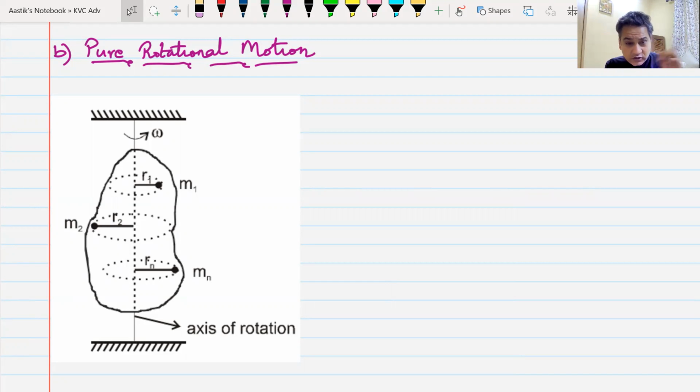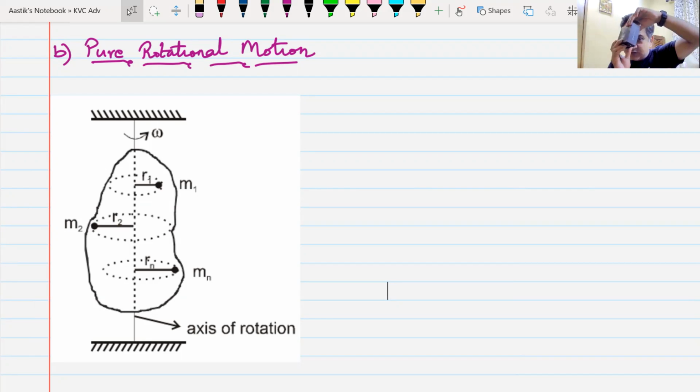Now, if all of these particles are moving on a circle, the motion of all of these particles is on a circle. Since this body is three-dimensional, those circles' centers cannot lie at one point. So their centers may not lie at one point, but they may lie on one line.